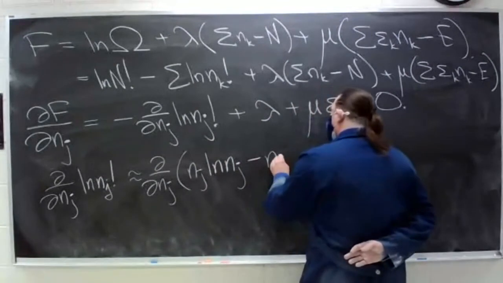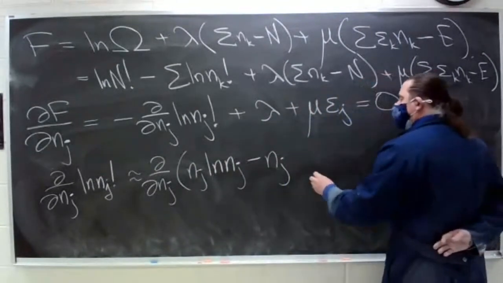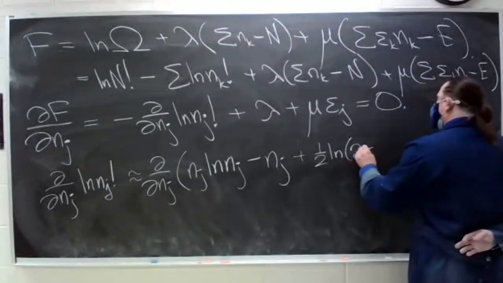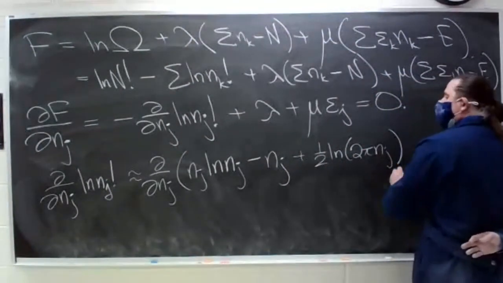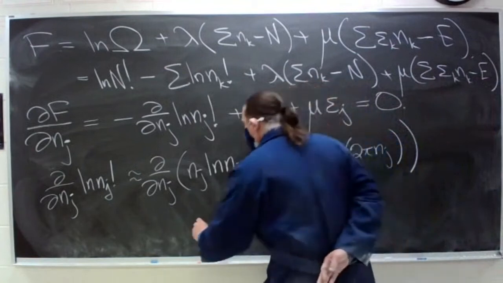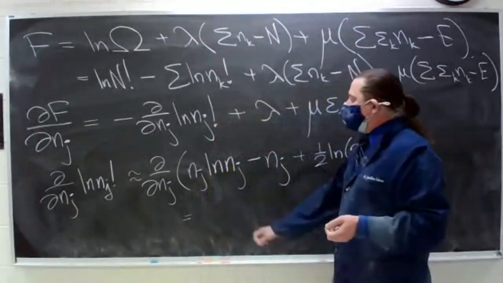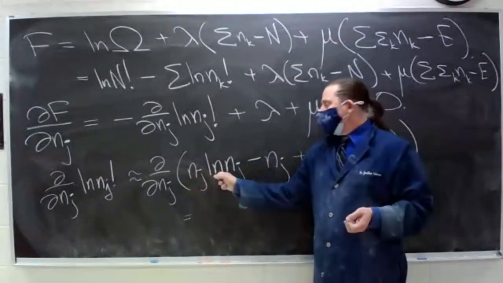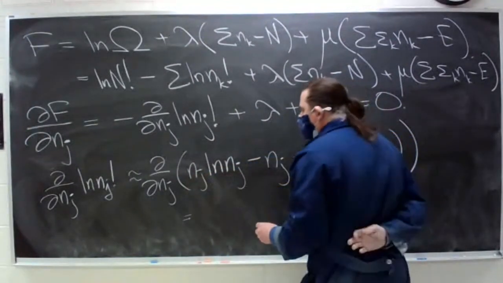Stirling gives us this. When I take a derivative, I get the derivative of nj times log of nj.